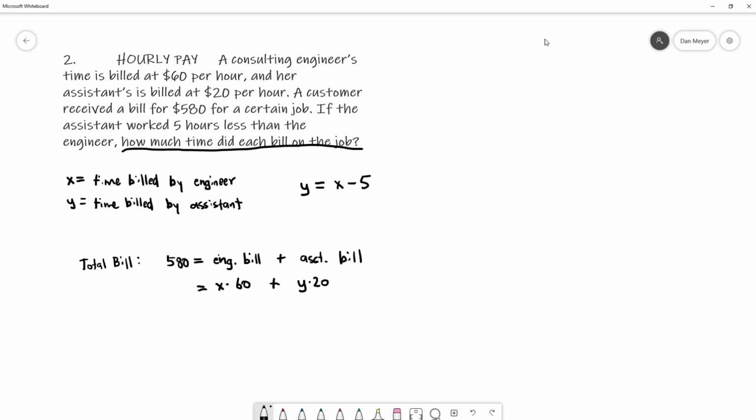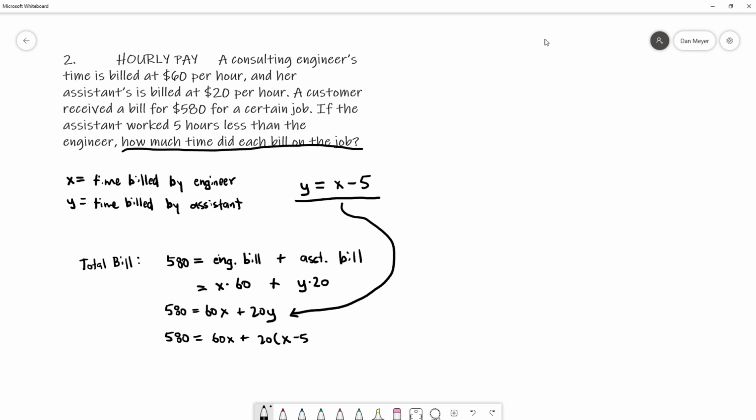If I clean this up a little bit, I get 580 is equal to 60x plus 20y, and then using the fact that we have an expression for y in terms of x, that allows us to get 580 is 60x plus 20 times x minus 5. There's our boring math problem.